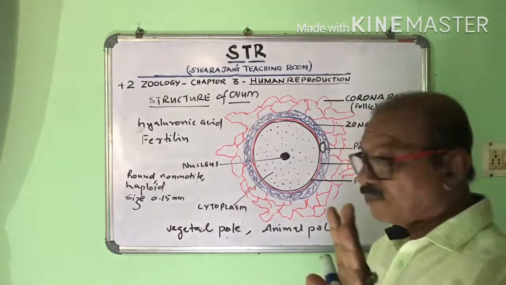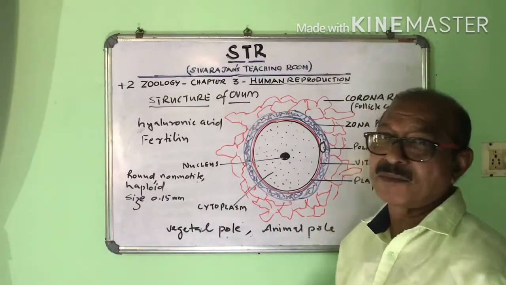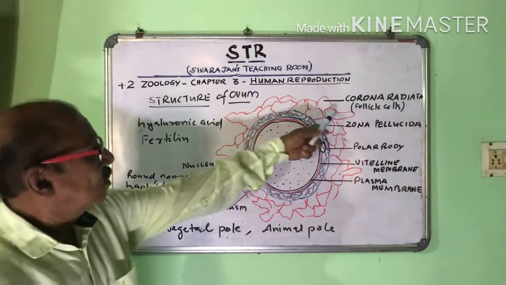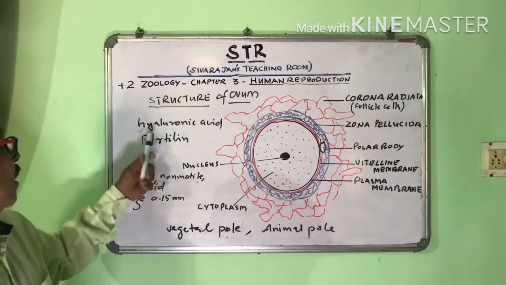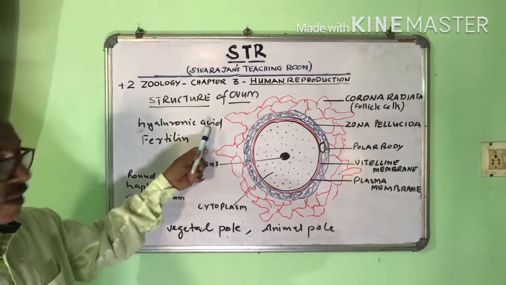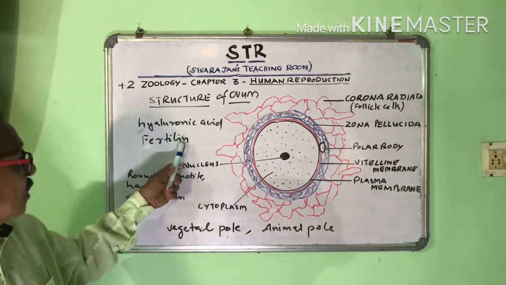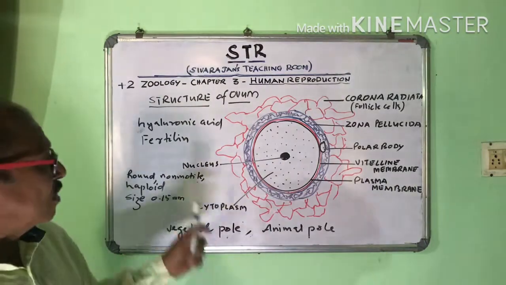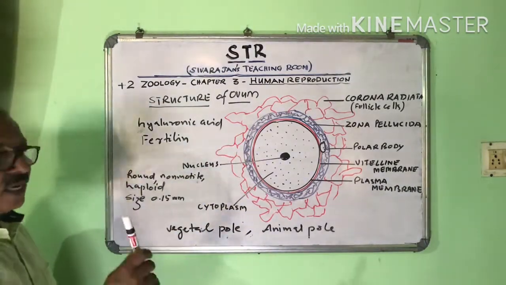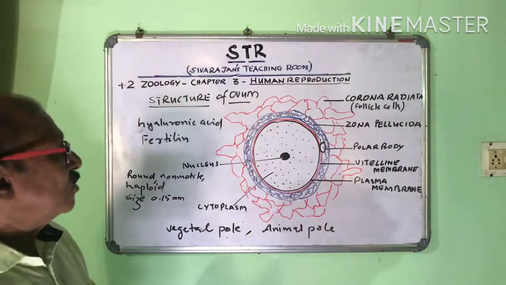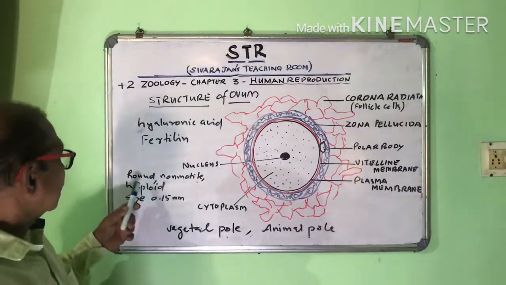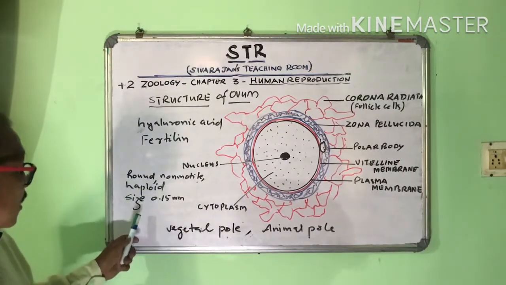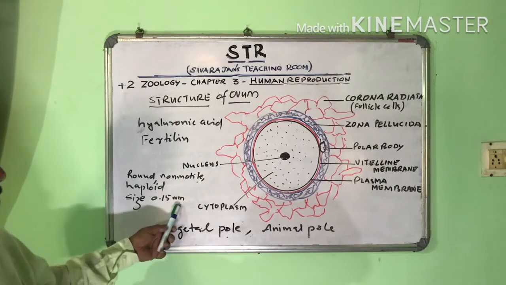Okay, now dear students, I hope you have understood the mechanism of the sperm getting into the ovum. So the corona radiata secretes a chemical called hyaluronic acid, also called fertilin. This prevents the entry of any foreign particle or foreign cell into the ovum. So once again, I draw your attention to the structure of the ovum. The ovum is round, non-motile, and has a haploid nucleus. Its size is about 0.15 millimeter.